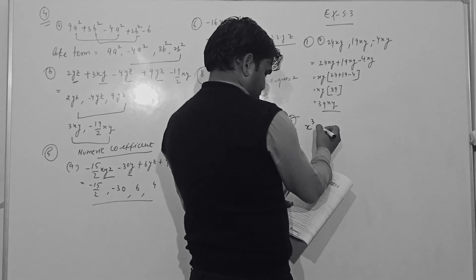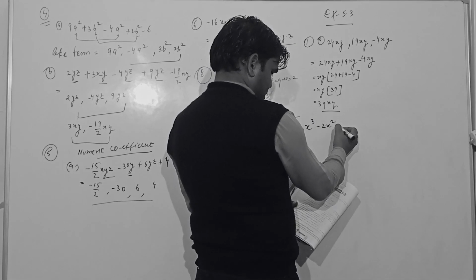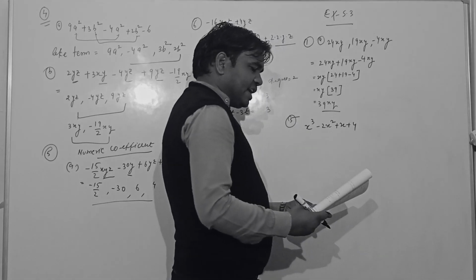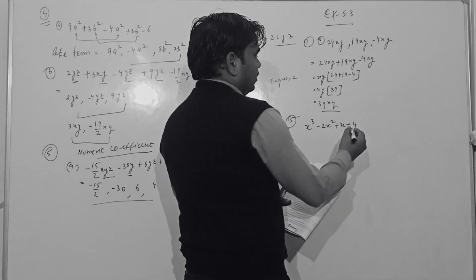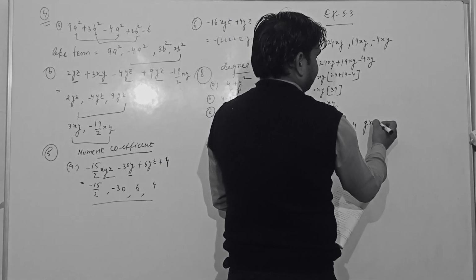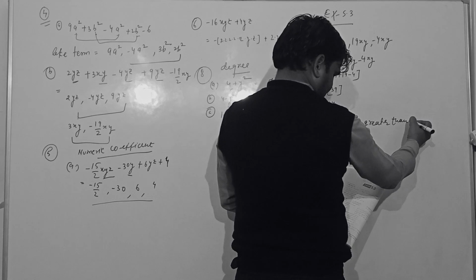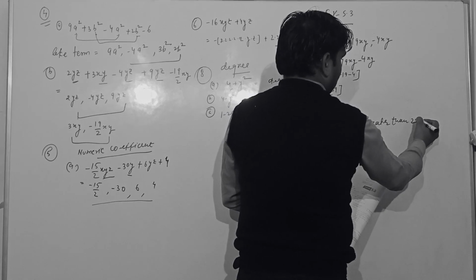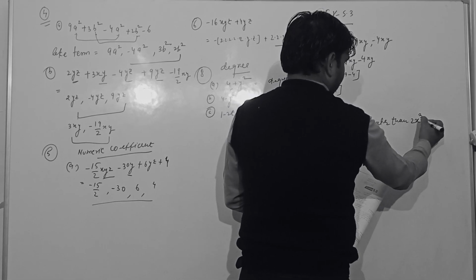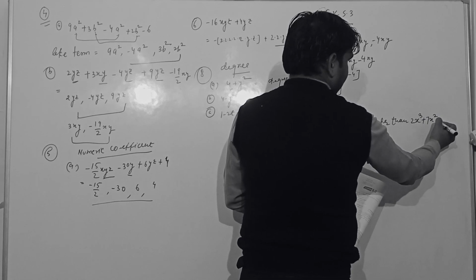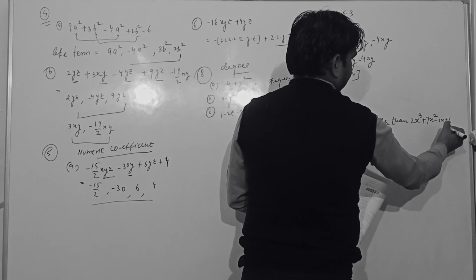x cube minus 2x square plus x plus 4 greater than 2x cube plus 7x square minus 5x plus 6.